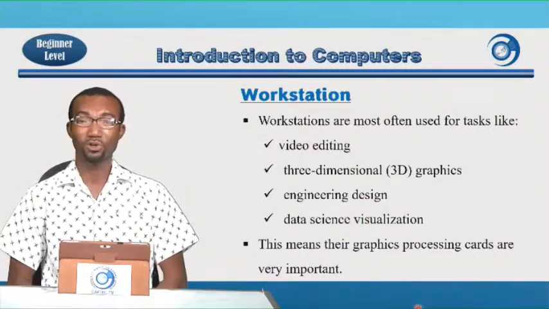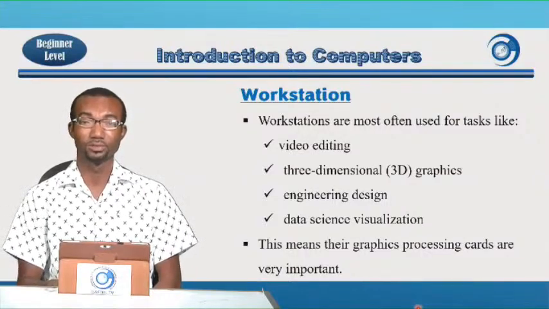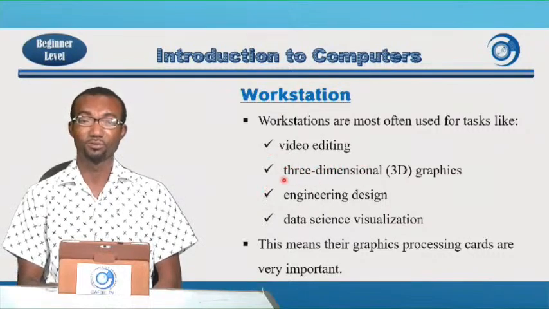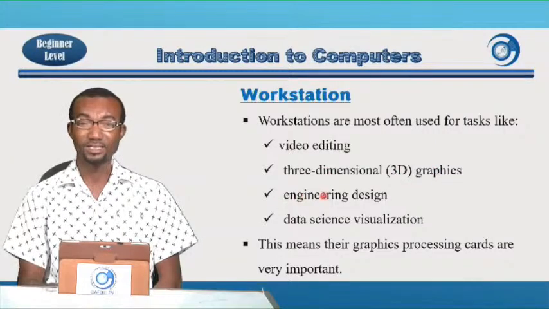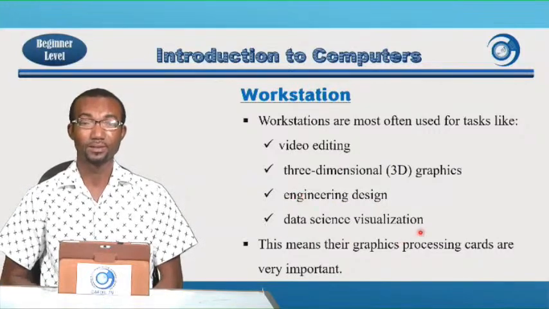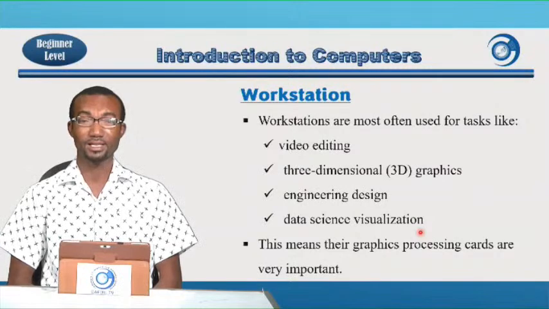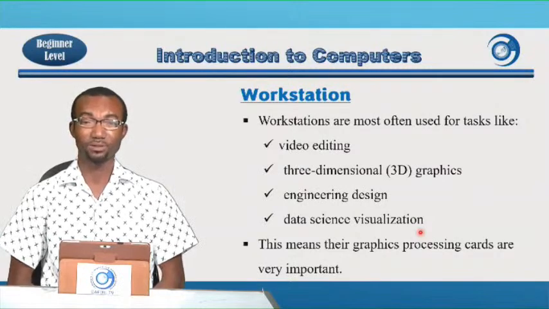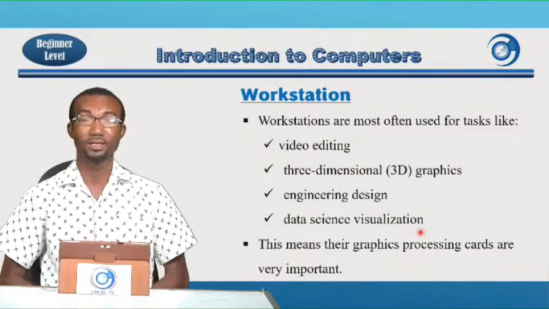Workstations are most often used for tasks like video editing, three-dimensional graphics, that is what we call 3D, engineering design, and then data science visualization. When we talk about data science visualization, we are talking about graphs, images, animation, and so on.